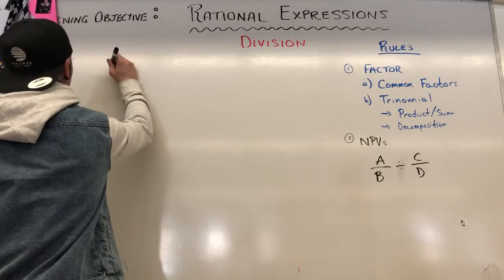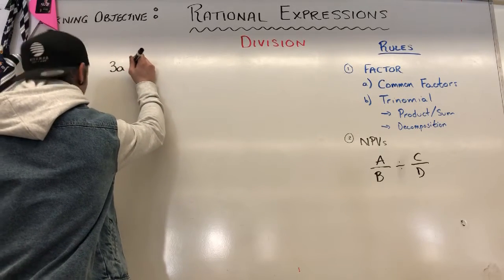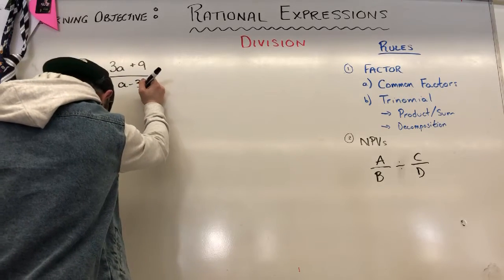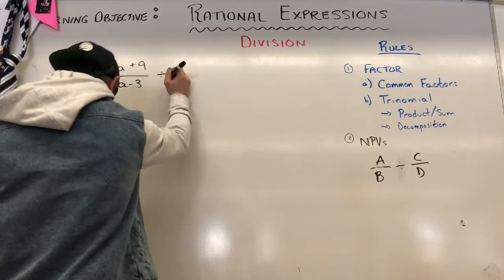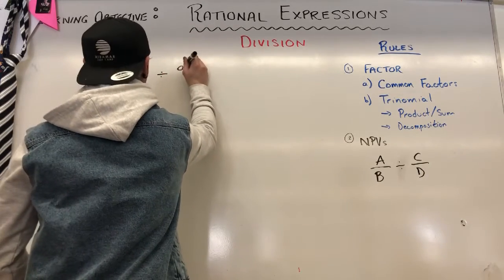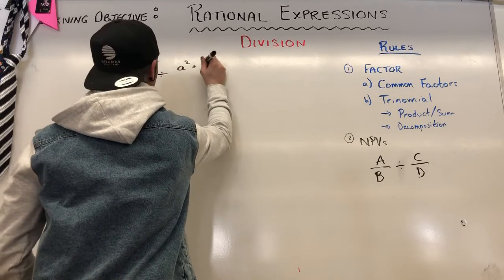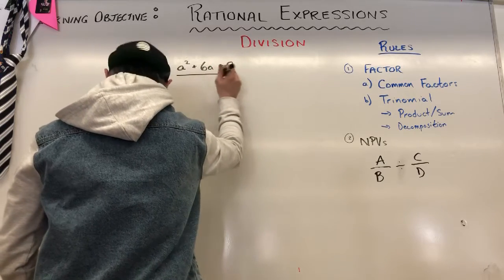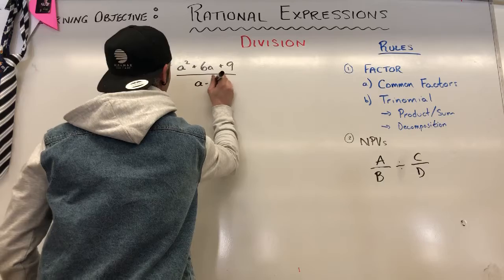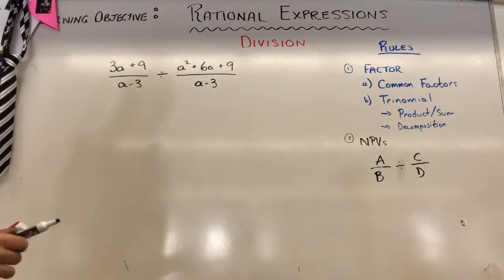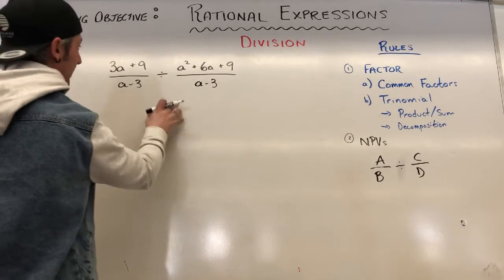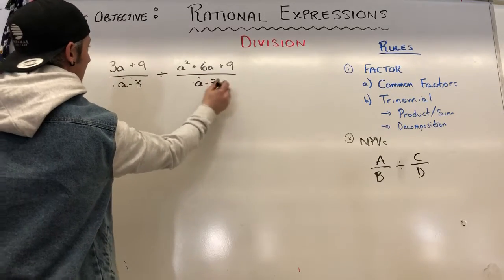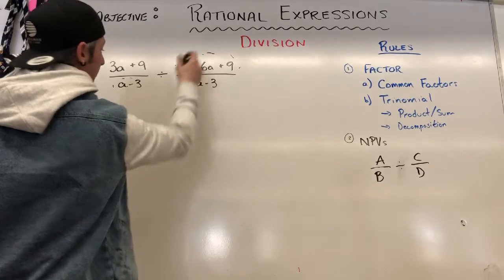Say I had 3a plus 9 over a minus 3 divided by a squared plus 6a plus 9 over a minus 3. So when I have a situation like this, I'm taking the NPVs of the denominators, but I'm also going to do the numerator as well.